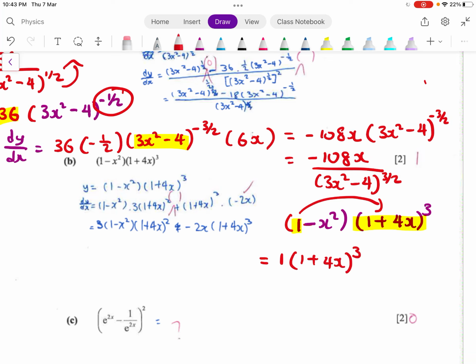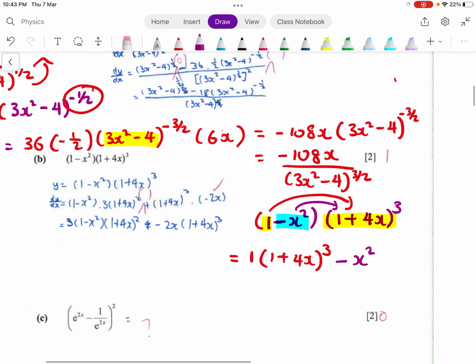The next part is minus x squared, same thing, you expand with the whole of this (1 plus 4x) bracket to the power of 3. So what you get is minus x squared times (1 plus 4x) to the power of 3. In this particular case, it's easier to differentiate already.